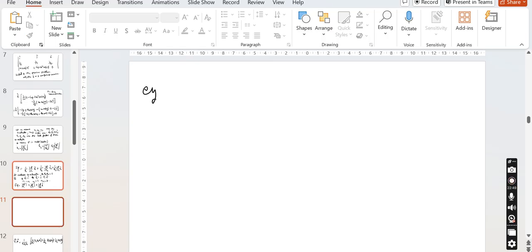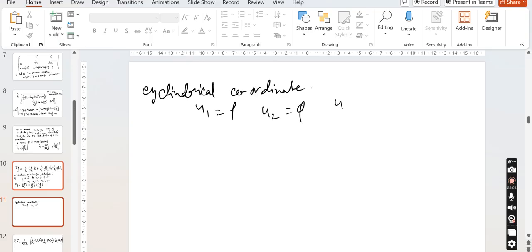But for cylindrical coordinates, u1 is rho, u2 is phi, u3 is z, h1 is 1, h2 is rho, h3 is 1.